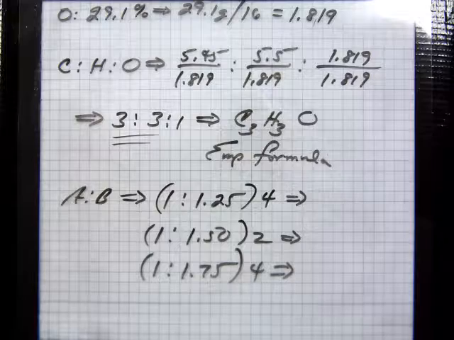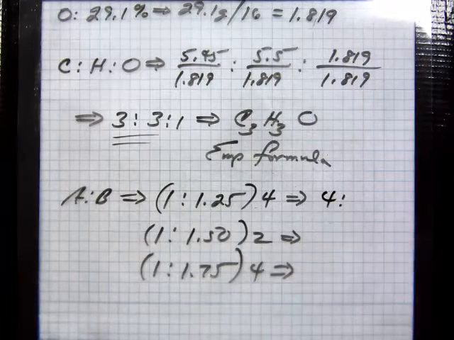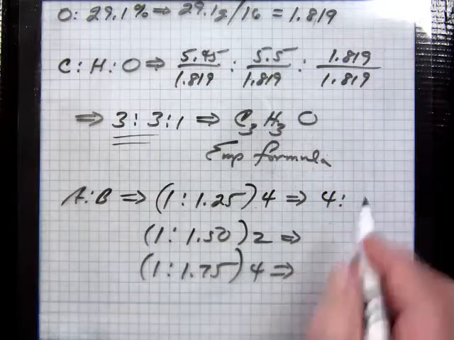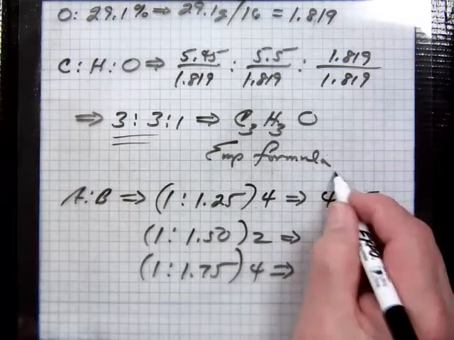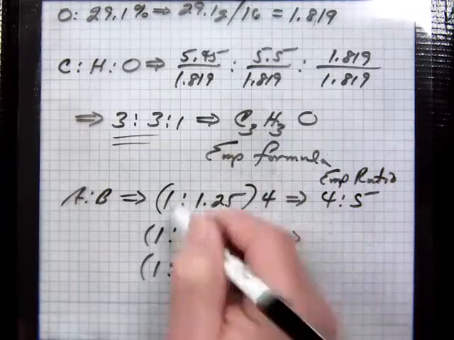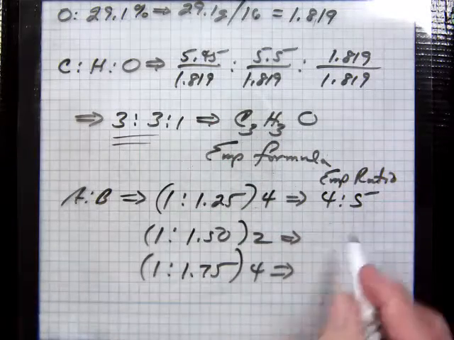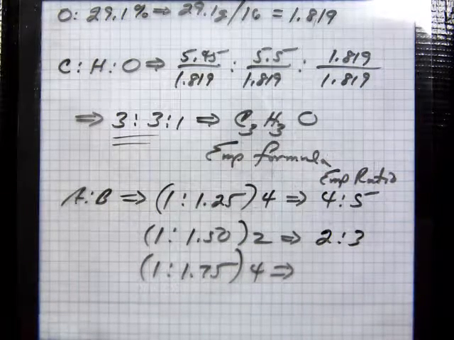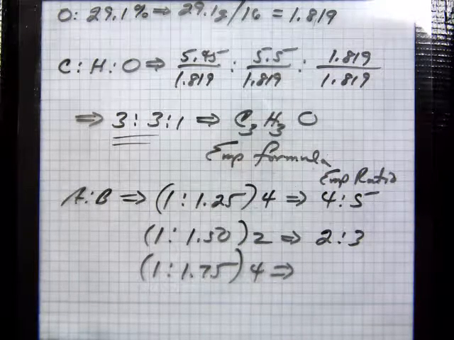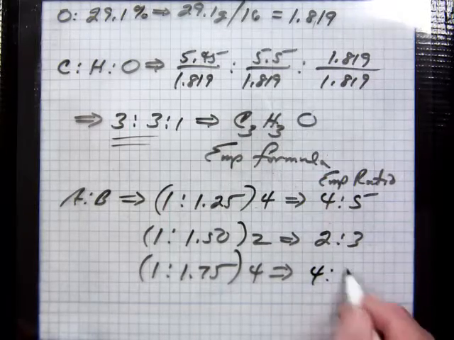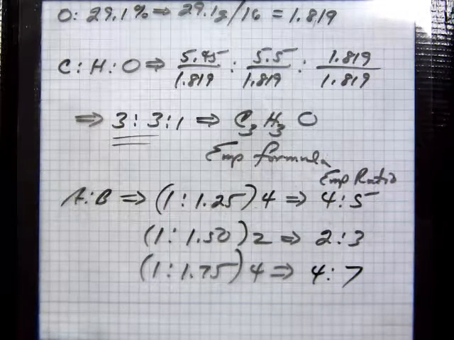So this will give you a 4 to 5 ratio, whatever, 1.25. This is your empirical ratio, if those reductions come out in that capacity. And this will be a 2 to 3 ratio, and this is a 4 to 7 ratio, because you got to get whole numbers.